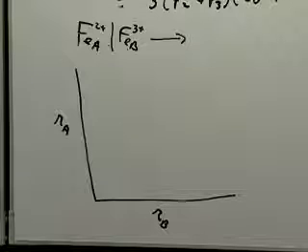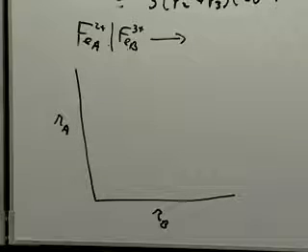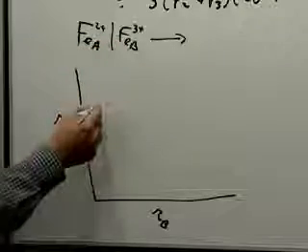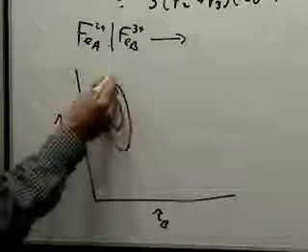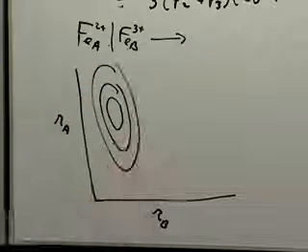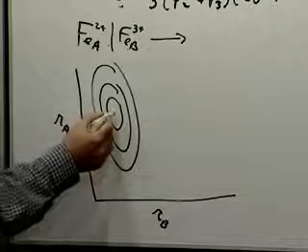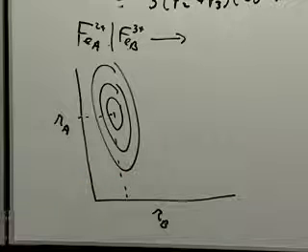Iron 3 will tend to have a higher force constant. What that means is the surface will be more steeply sloped in the direction of the iron 3 than in the iron 2. So it's going to have a surface that looks like this, and its equilibrium configuration is here. I'm drawing you a three-dimensional surface.